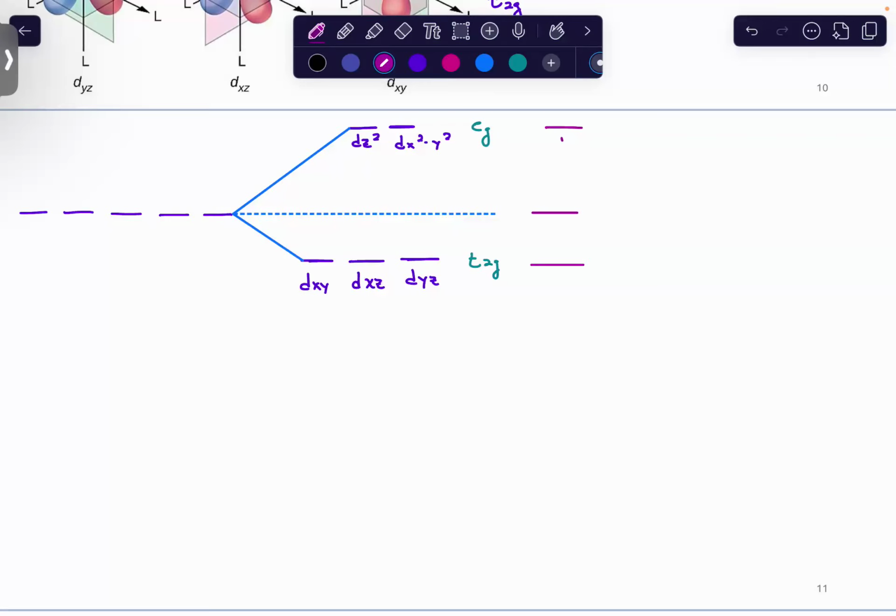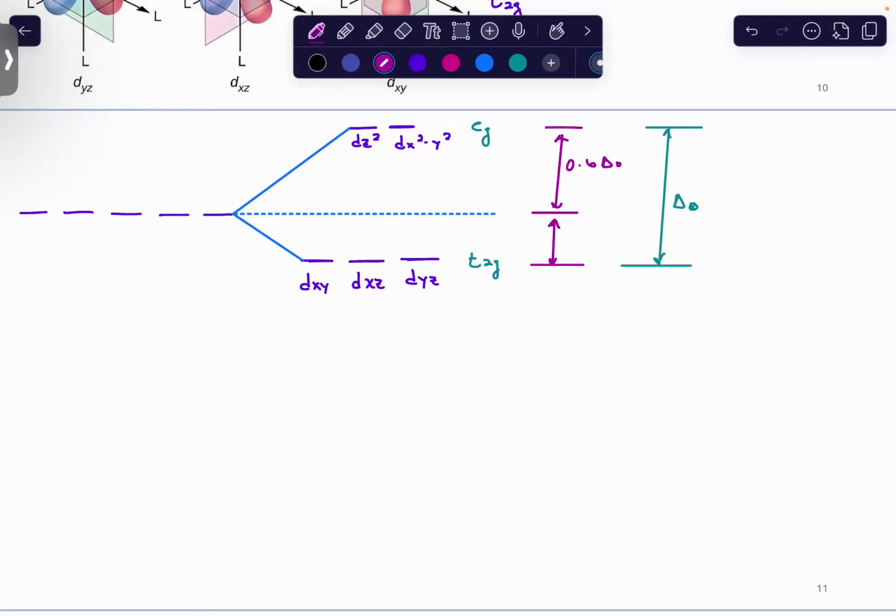And what you're going to notice is this one is going to be a 0.6 delta O, that full separation energy, which we can mark as that full separation is your energy.